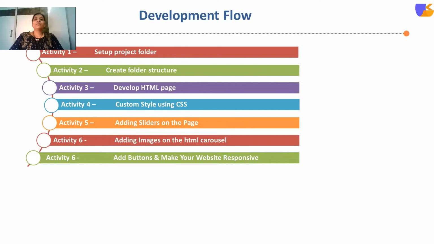The very first thing for any activity, any project development, is you have to set up a project folder. It is very important because you have to set a folder structure and store everything required by you in that particular folder, just like the images, HTML files, JavaScript files, then CSS files, that is cascading style sheet files, everything which is required and demanded by the project.